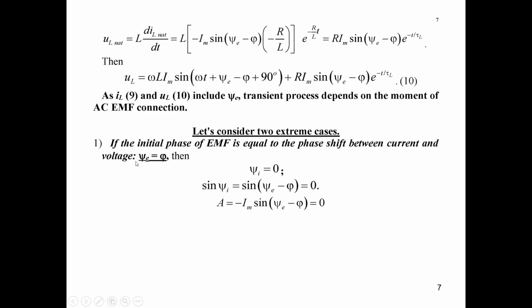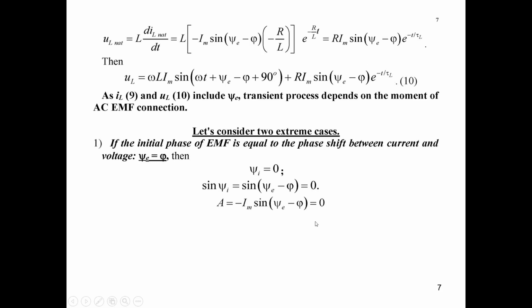So when psi equals phi, then you see, if they are equal to each other, then initial phase of this sinusoidal function will be equal to 0, and sinus of 0 equals 0, and therefore there will not be any transient processes in such a case.